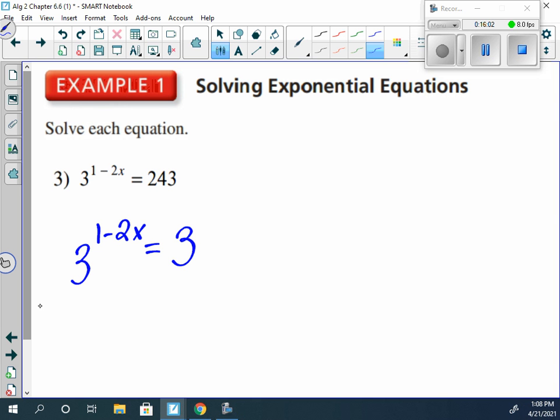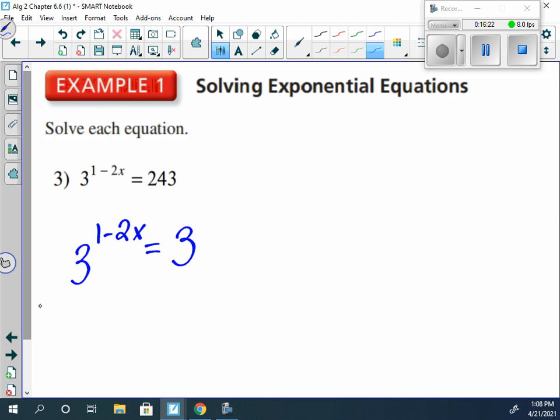Now there's different ways we can go about trying to find this. One of them is that I can take 243 and just start dividing by 3 and see how many times I need to divide by 3 to hit 1. Or we can go in the opposite direction and just start multiplying 3 by itself and seeing if I eventually hit 243.